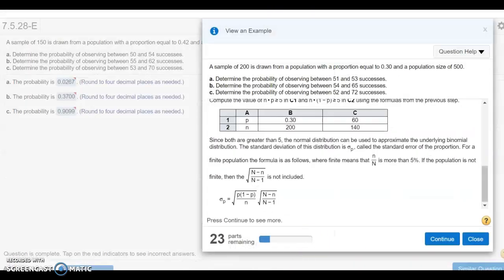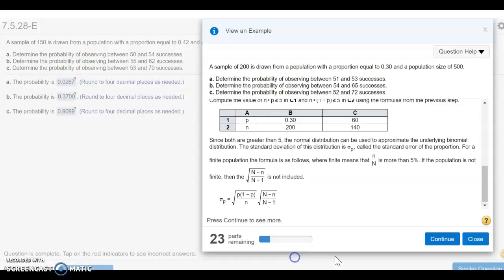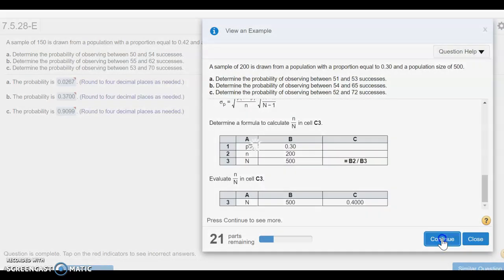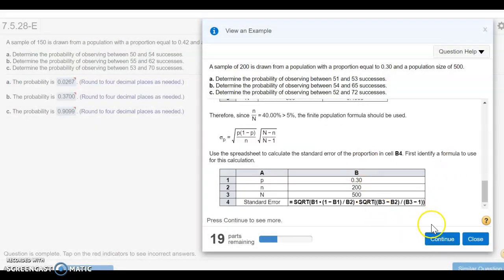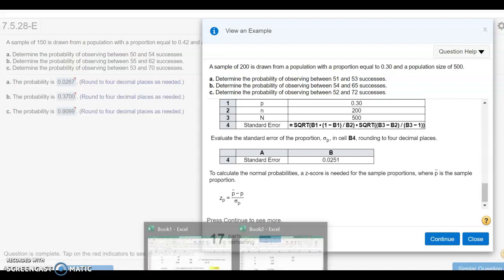Alright, once you get the standard error of the proportion, now we can start calculating our z-scores, and we're looking for 50 and 54 successes. So we'll start with 50. Let me show you the z-score formula. It's your sample proportion minus your population proportion divided by the standard error of the proportion.